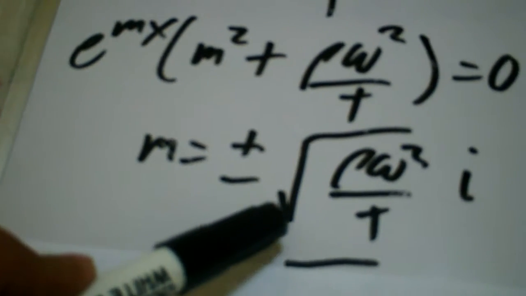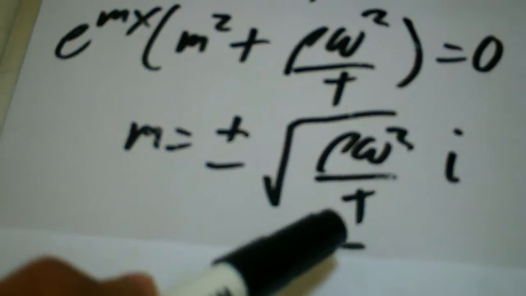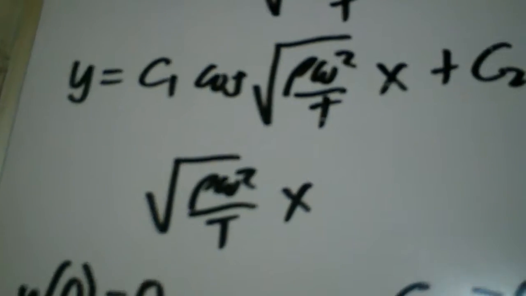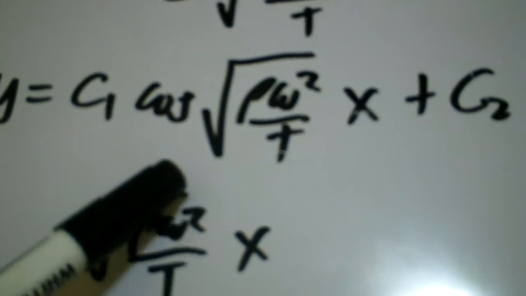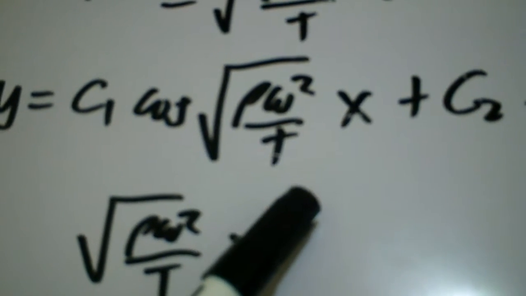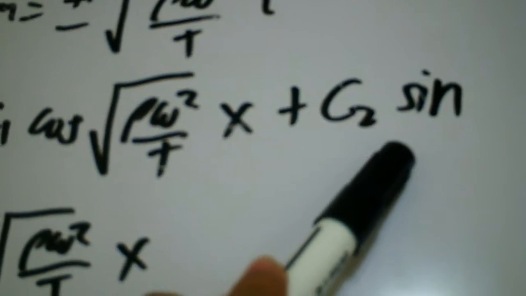So we can now get m, which is plus or minus the square root of rho omega squared over T times i. So now we have our general solution, y equals c1 cosine of square root of rho omega squared over T x plus c2 sine of square root of rho omega squared over T x.